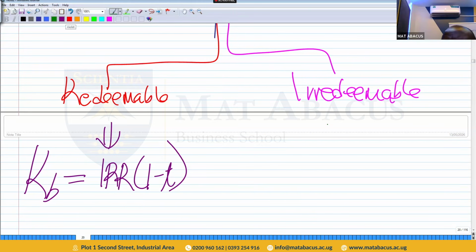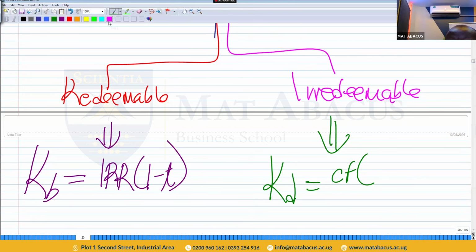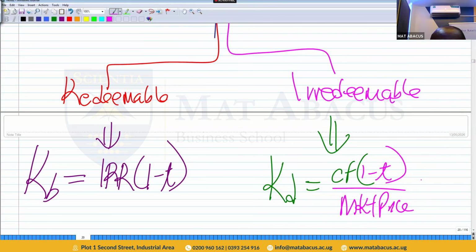But the day you find it is irredeemable, the cost of that debenture or bond is the cash flow. At this point, we adjust it for tax divided by market price. Of course, you multiply it by 100 to make it sweeter.